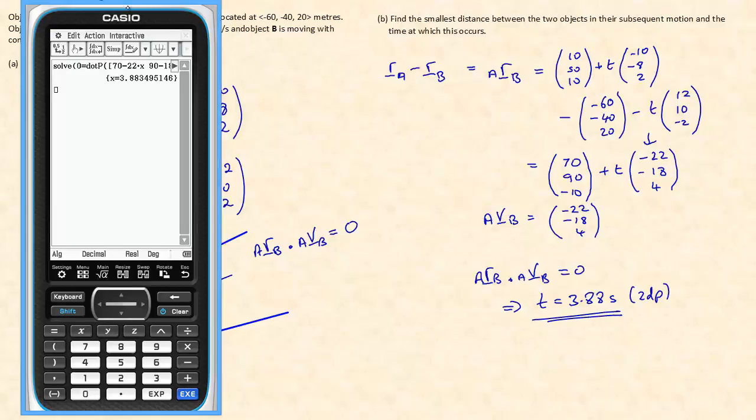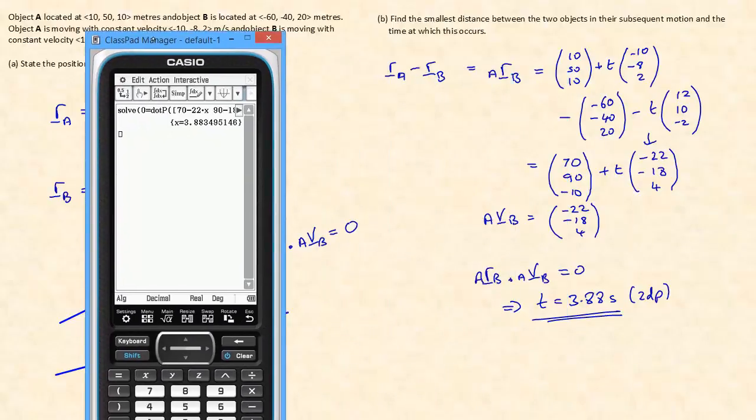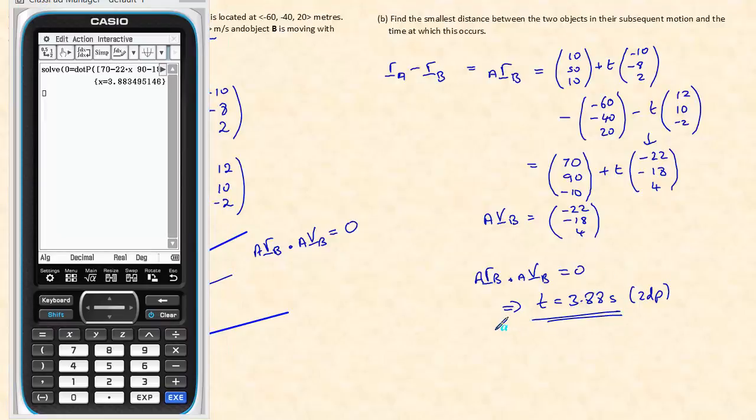Now, what we want is this length here, and this, remember, would be the relative position of the two objects. So what we want at this time is ARB.